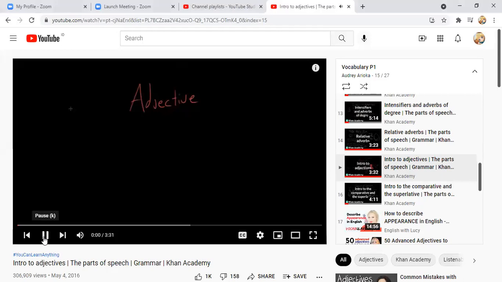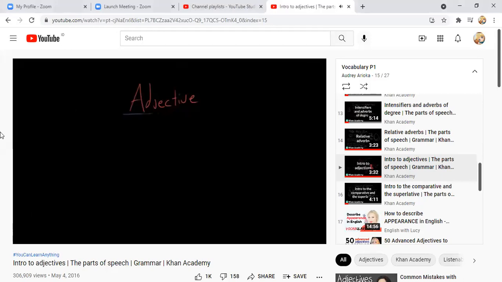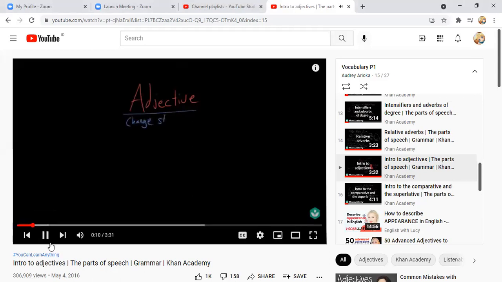Okay. So grammarians, we have this class of words called adjectives. And what they do is they change stuff. Adjectives change stuff. Yeah, I mean, verb also changes the sentence, and adverb also changes stuff. It changes the meaning of the sentence and also tries to explain about a verb or a noun.